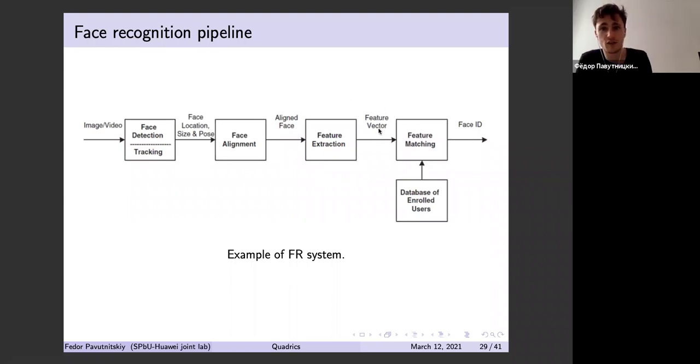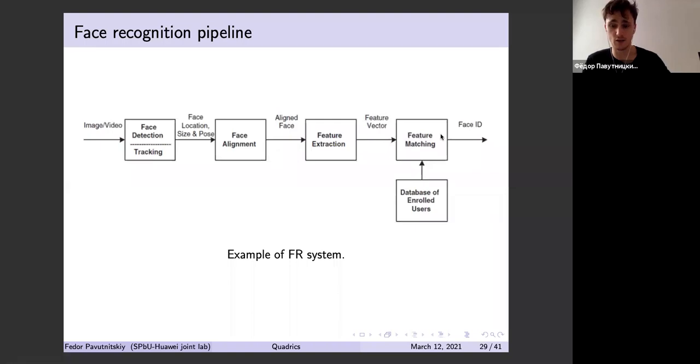After you have feature vectors, you can compare them. If the model is trained properly and you have two vectors that are close to each other, then you believe they represent the same person. This is what's called feature matching.